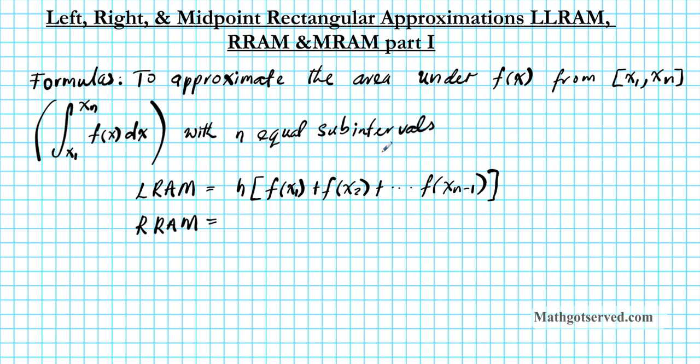We're using n equal subintervals here, so we have h, the respective widths, factored out, times f of x sub 2 plus f of x sub 3 plus, all the way to the last endpoint, f of x sub n. Instead of starting from the left endpoint, we skip that one. So this is your right-hand rectangular approximation.